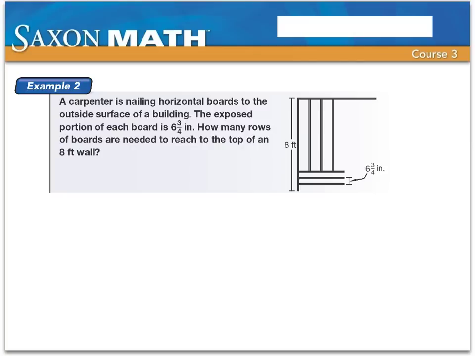So we're going to need to divide, because we know a whole thing, and we need to tell how many rows will fit up in here. So we're going to need to take 8 feet and divide it by 6 3/4 inches. Well, the first problem we encounter is feet and inches. So we need to convert this to inches, because that'll be easier than converting this to feet.